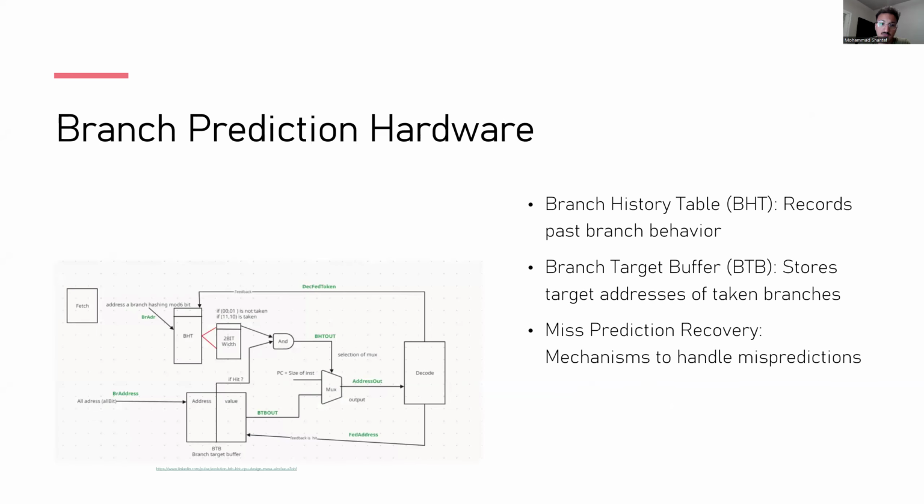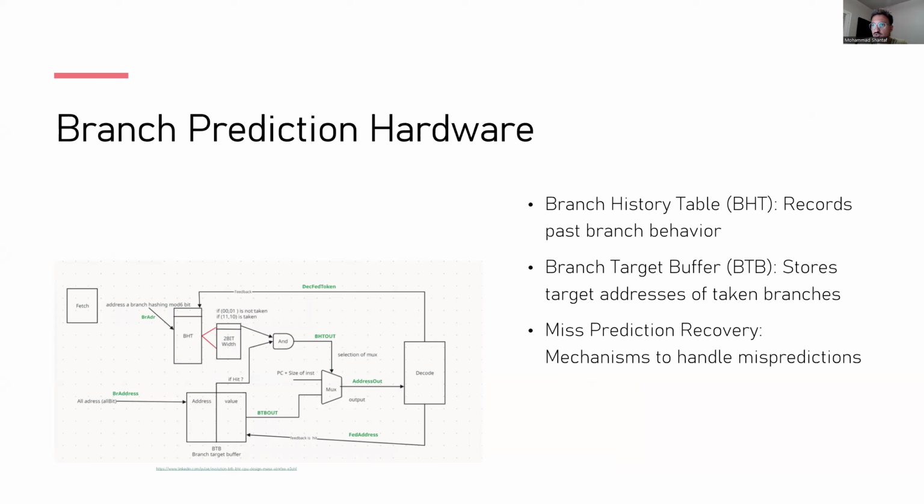Moving on, we have the branch prediction hardware. It falls into 3 categories: the branch history table, the branch target buffer, and the misprediction recovery. The BHT records past branch behavior. The BTB stores target addresses of taken branches, and the misprediction recovery is the mechanism to handle mispredictions.